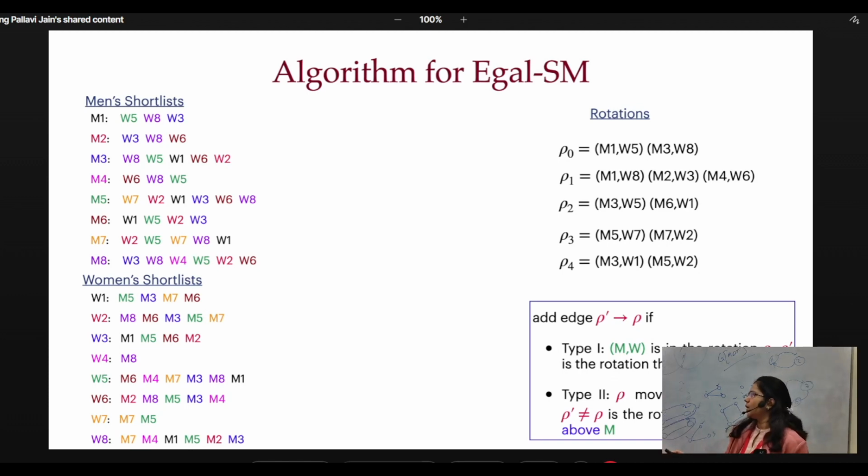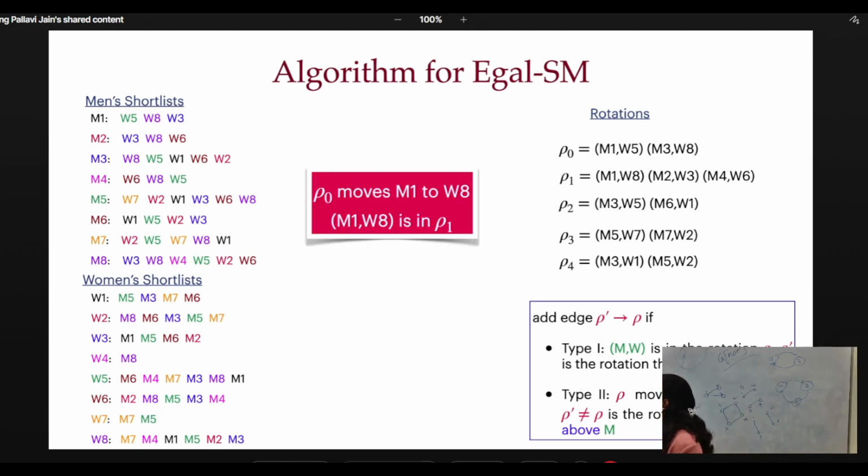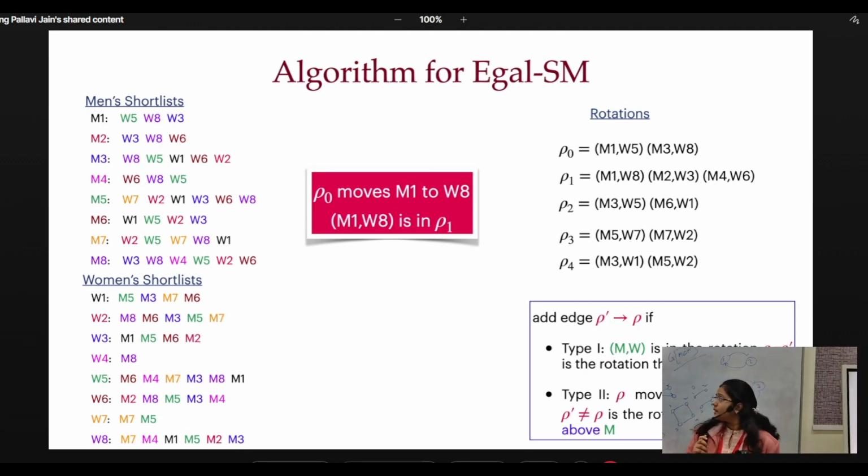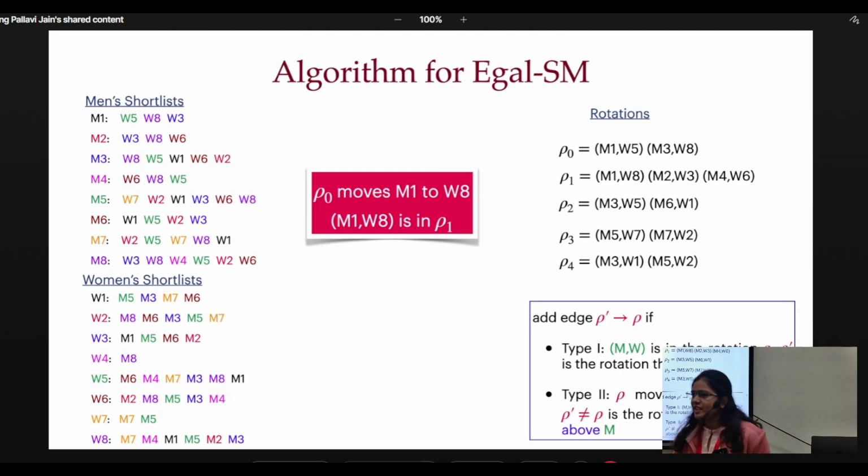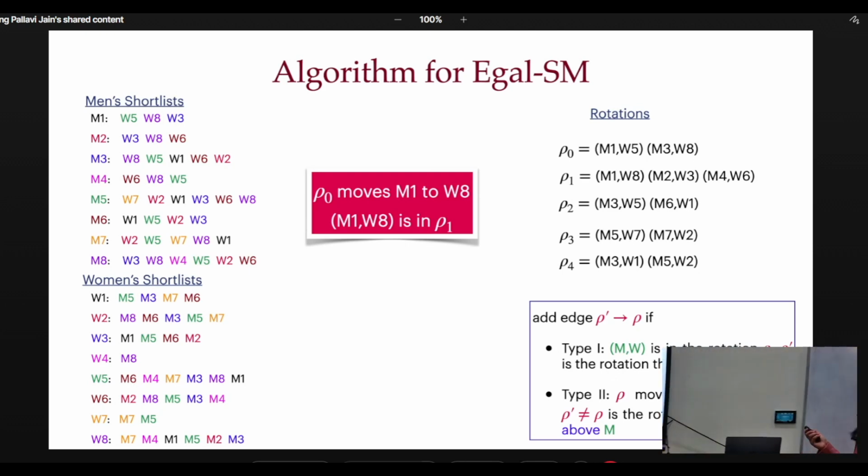Now if I look at M1 and W8, what did rho naught do? Rho naught moves M1 to W8. And M1 W8 is an edge in rotation rho 1, right? So which edge will we have?